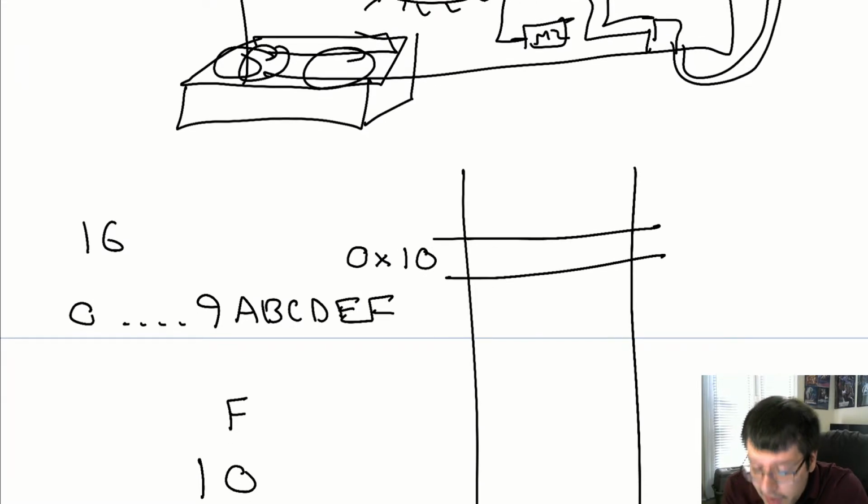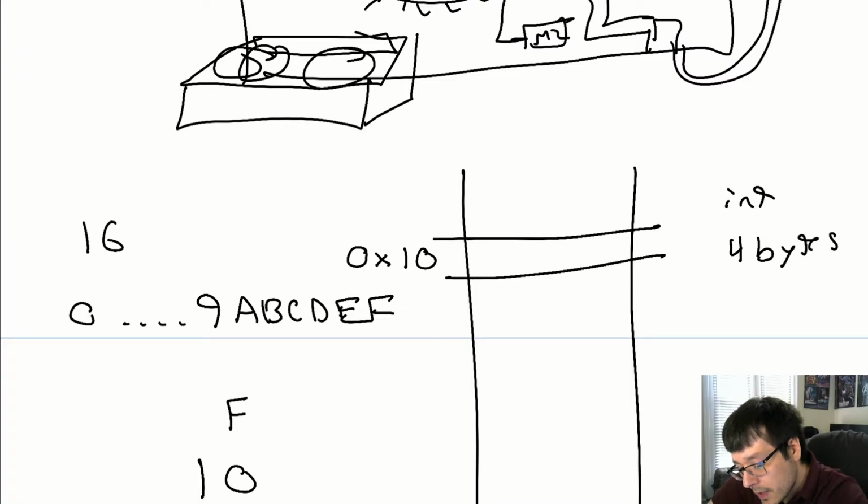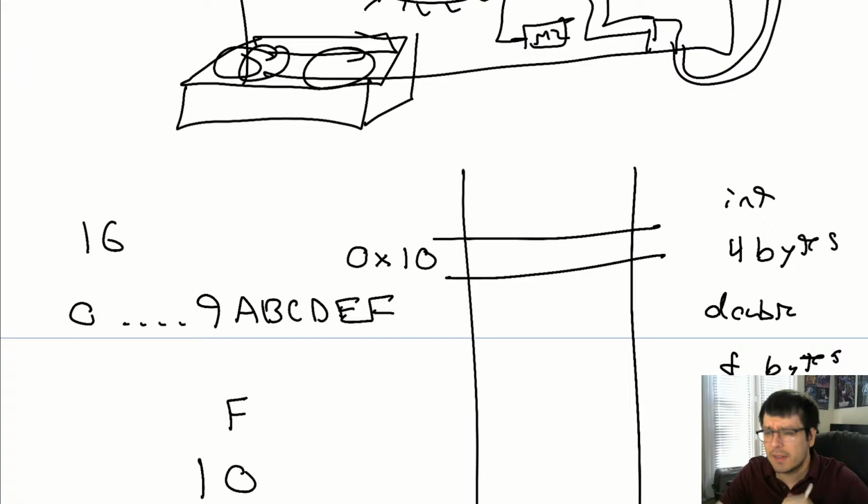Because of the size of the space each variable takes, an integer takes 4 bytes, and a double takes, I believe, 8 bytes. A float, I think, takes 4 bytes, and so on.